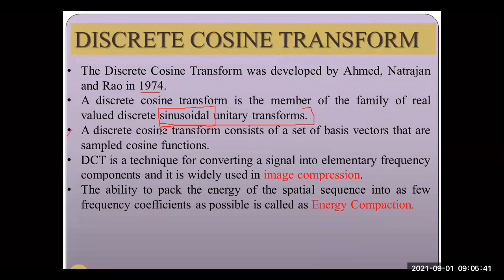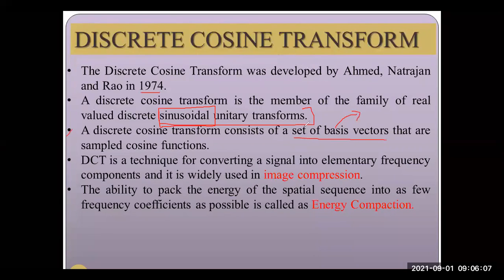The simple definition: the discrete cosine transform consists of a set of basis vectors. What is a basis vector? It is a fundamental signal, or fundamental unit, which we combine to get the actual image, or the actual frequency image.